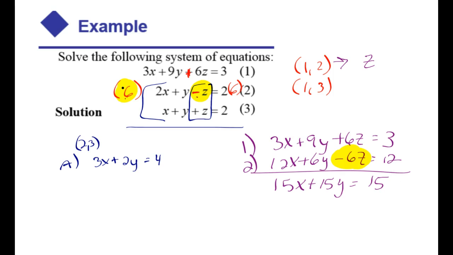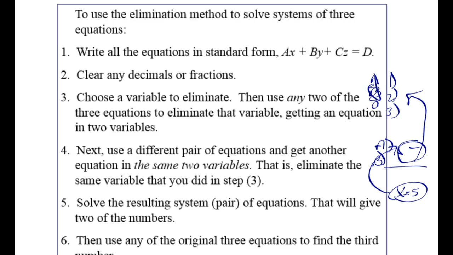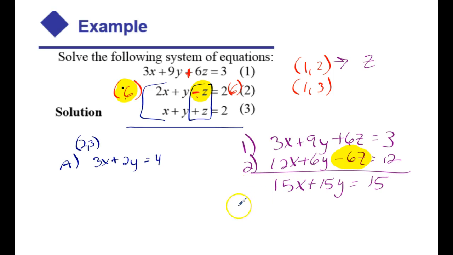And then hopefully one of these rules said reduce or simplify, but I would not call this equation B. I would let equation B, if you divide everything through by 15, be x plus y equals 1. The numbers are a heck of a lot smaller. So I would let equation B be this guy here.